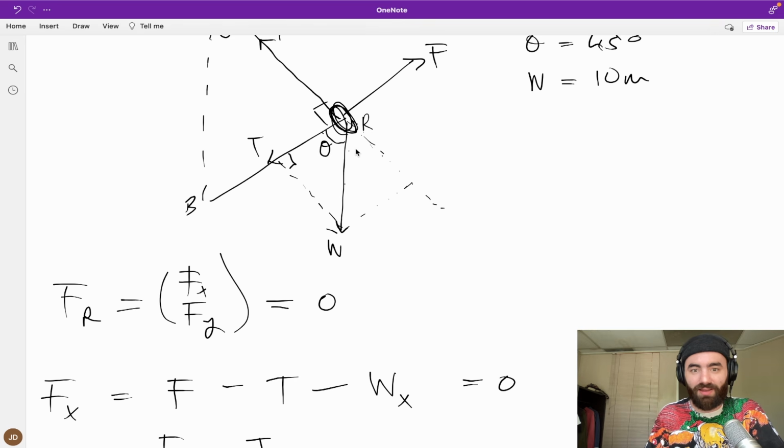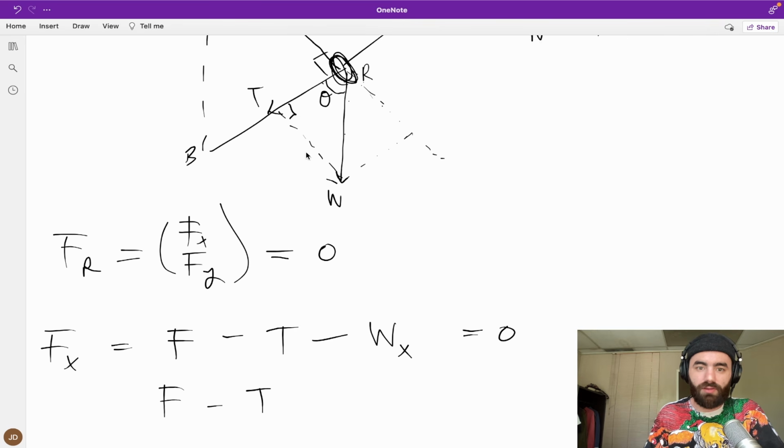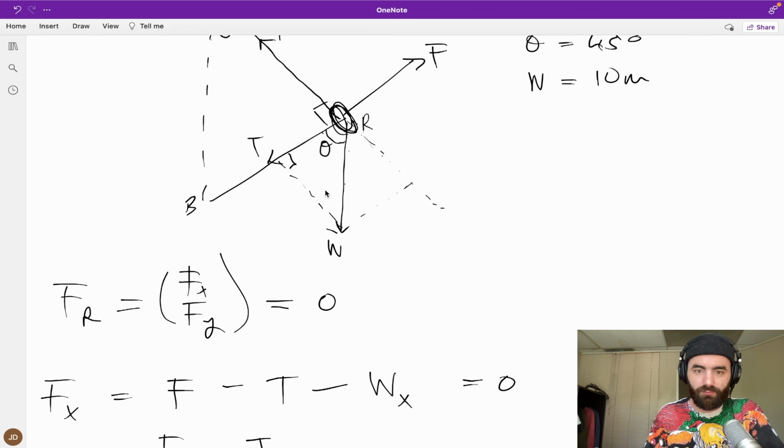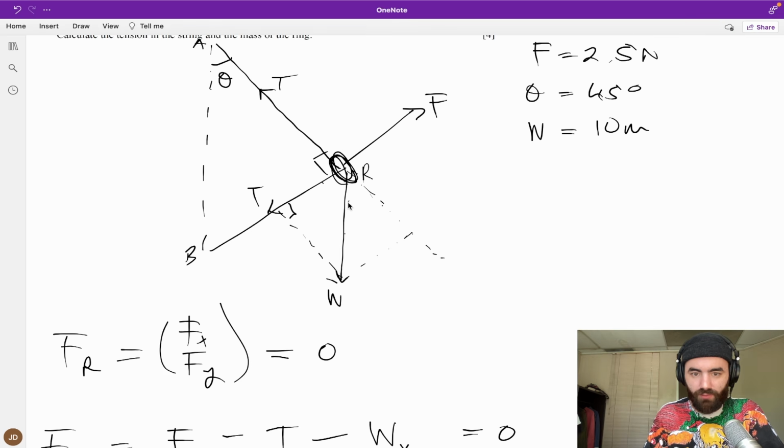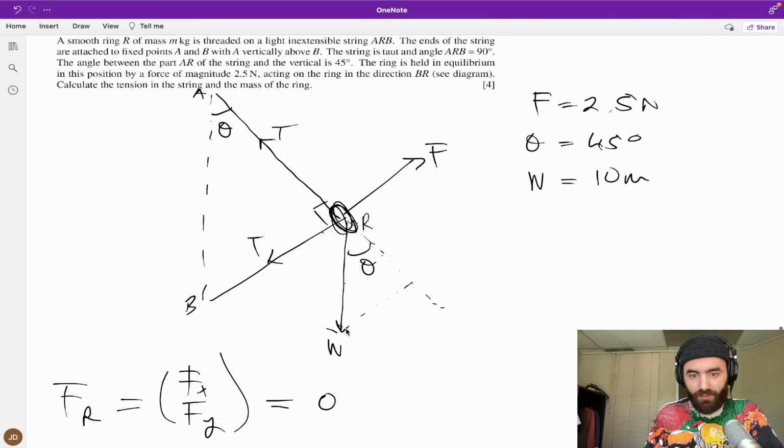So the theta here will be opposite, adjacent. I guess I'll just think of it like this. That makes more sense, doesn't it? Let's be honest. Okay, so this theta here.